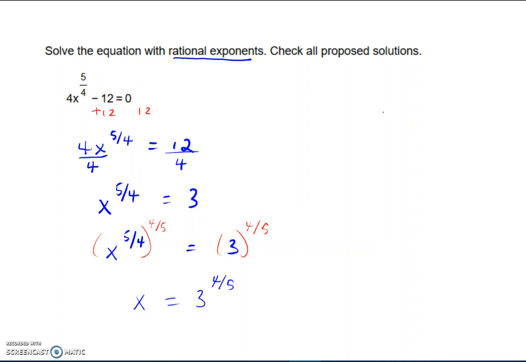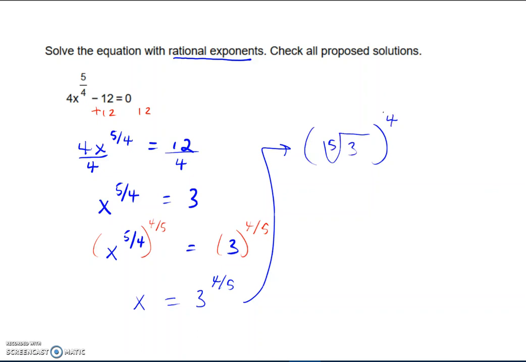If we could simplify that more, we would, but we can't, because if you remember, when you take a rational exponent and convert it to a radical, we would end up with the 5th root of 3 raised to the 4th power.